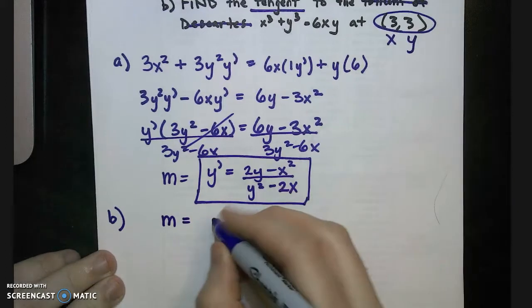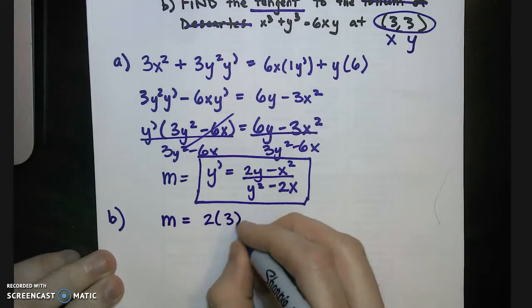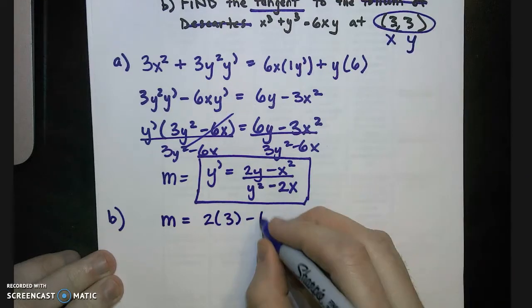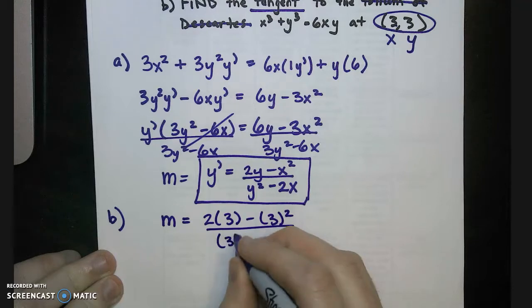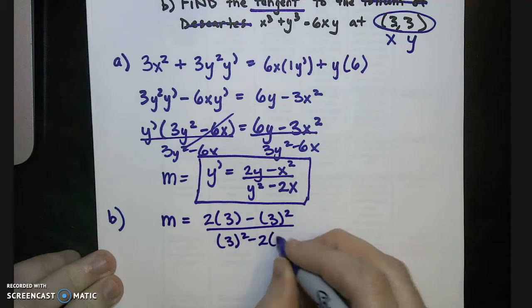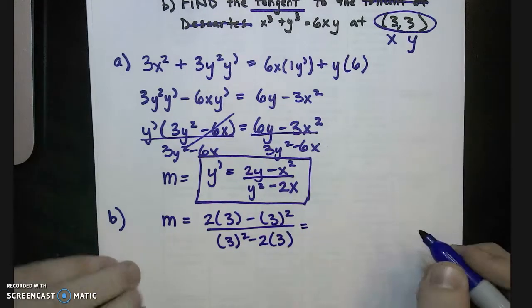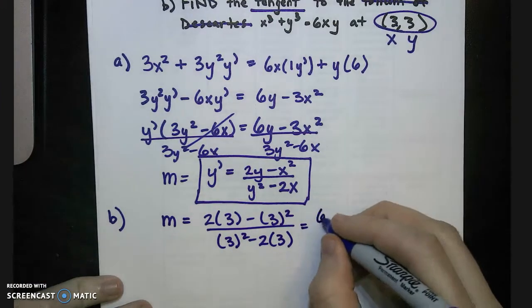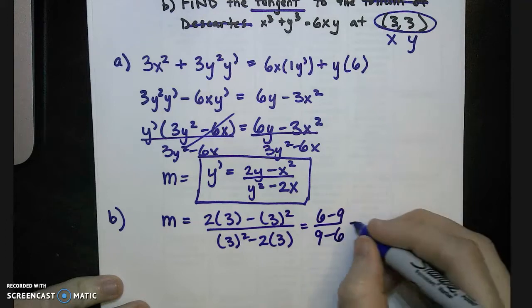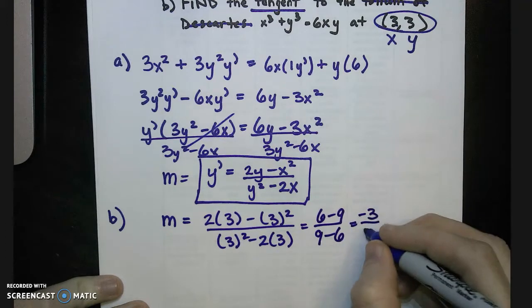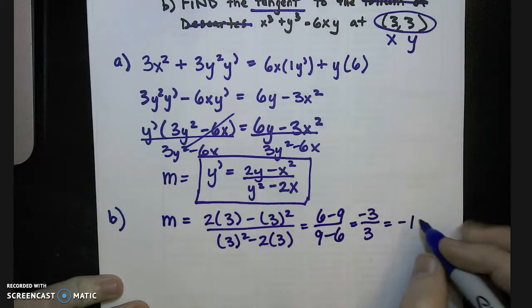If I plug in 3 for y, and if I plug in 3 for x, I get 6 minus 9 over 9 minus 6, which is negative 3/3, which is negative 1.